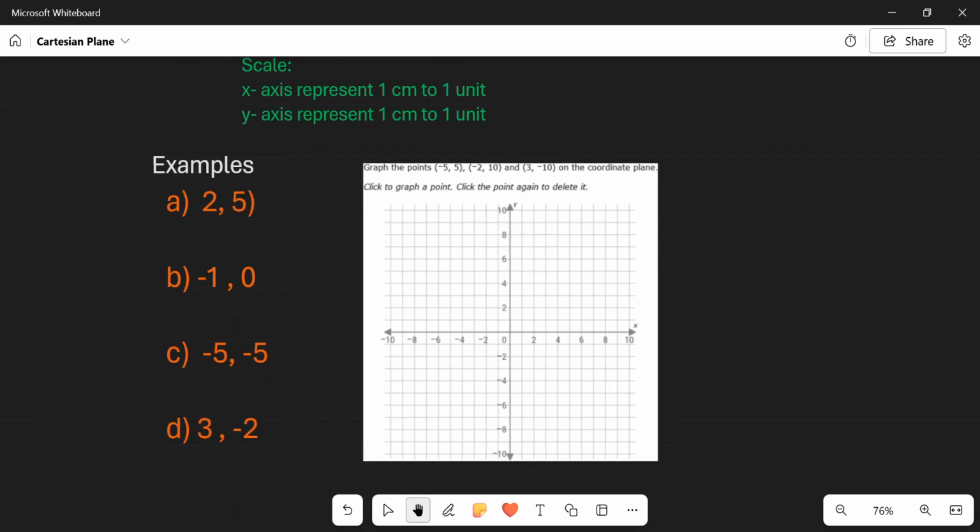The first example is 2 comma 5. So how do we plot 2 comma 5 here?